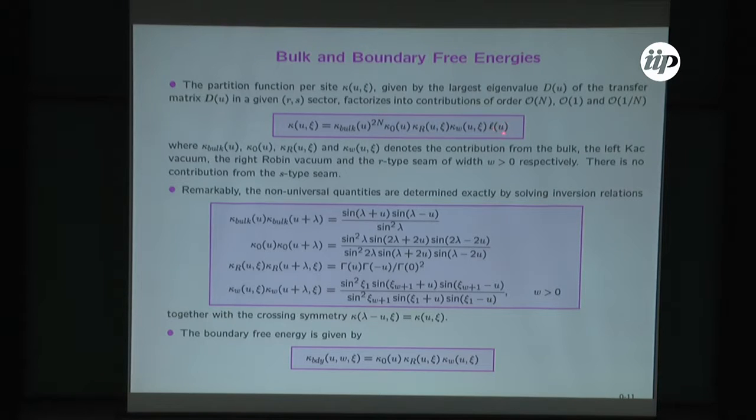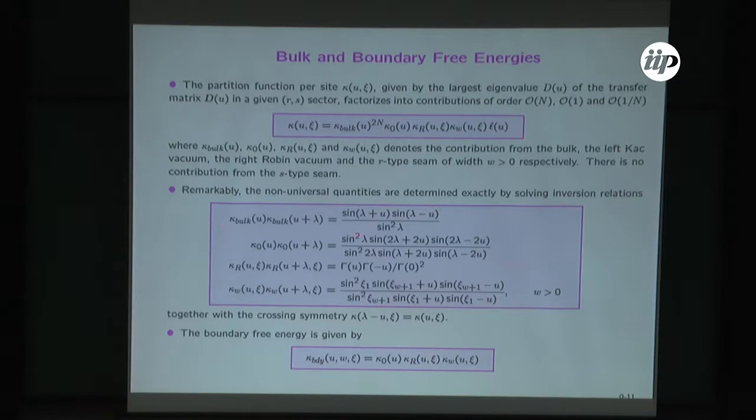This is actually the conformal universal term, Lu, which can also, in principle, be calculated, but at the moment is beyond our technology to do analytically, at least. Because of this factorization, the inversion relation factorizes.